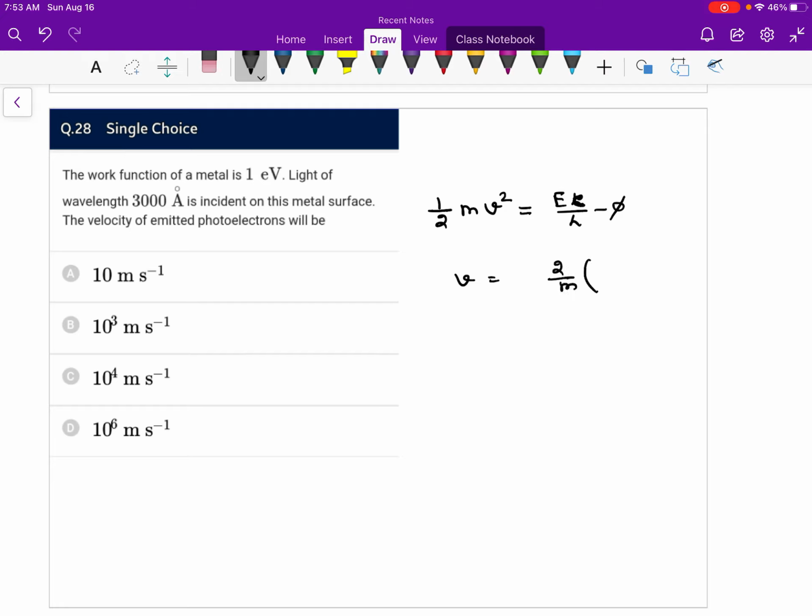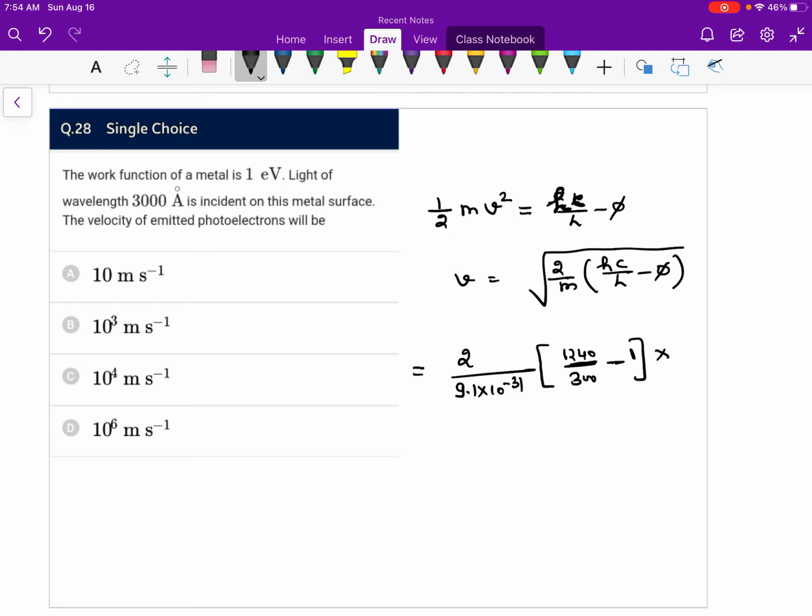So v is under root of 2 by m into (hc by lambda minus 5). So this is 2 upon m, which is 9.1 into 10 to the power minus 31, hc, which is 1240 nanometer electron volt, upon lambda, which is 300 nanometer, minus 5, which is 1 electron volt.